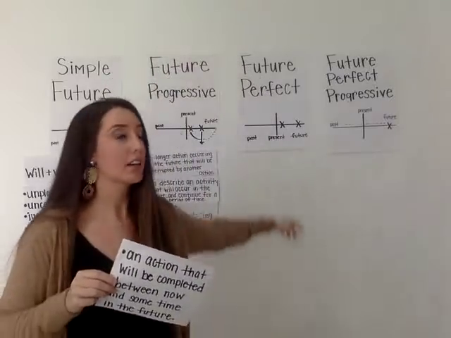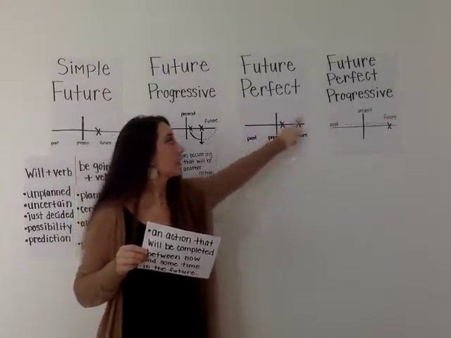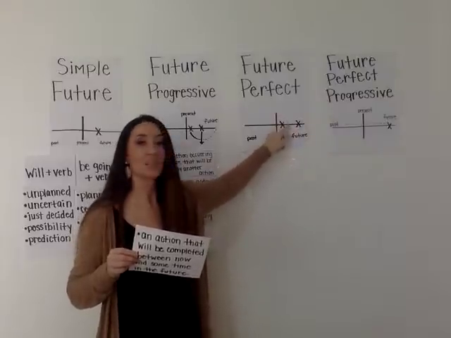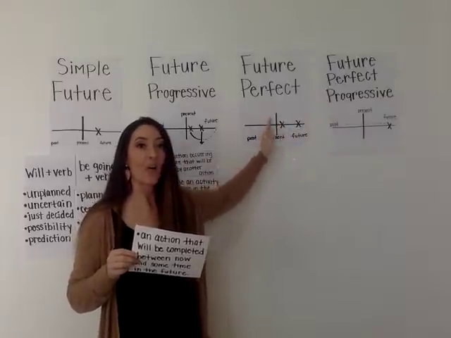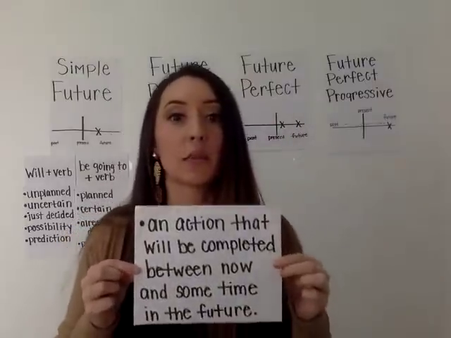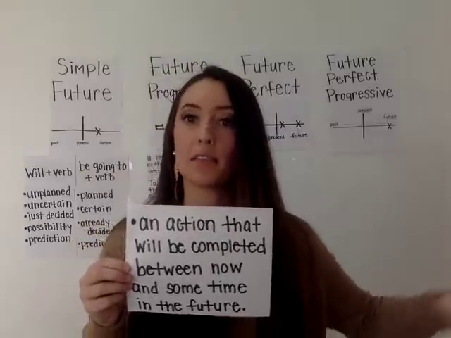So if you look here on our graph, here's the future. Here's one specific time in the future and an action that's being completed between now and that specific time in the future, okay? So an action that will be completed between now and sometime in the future.